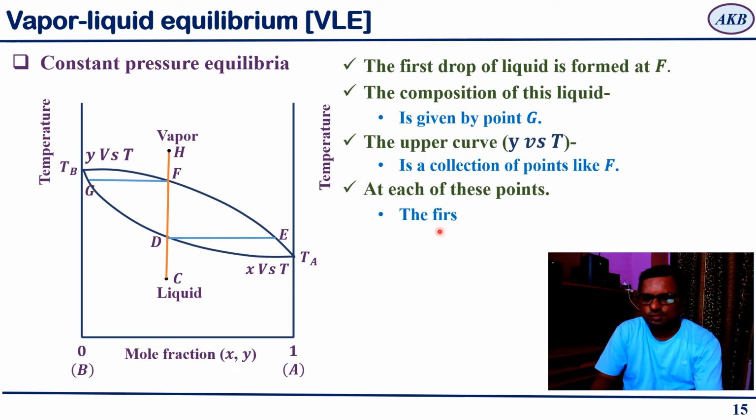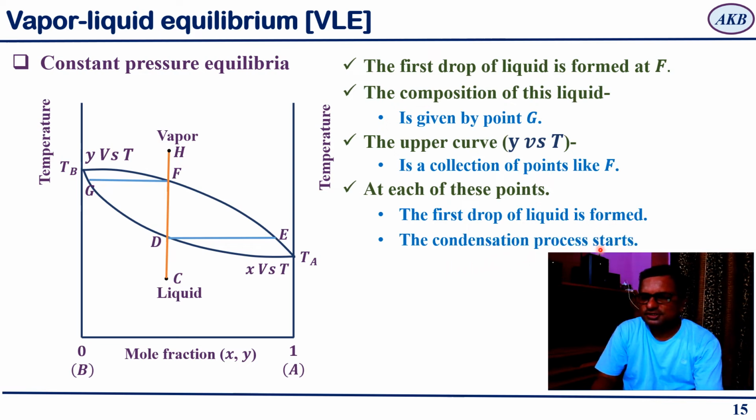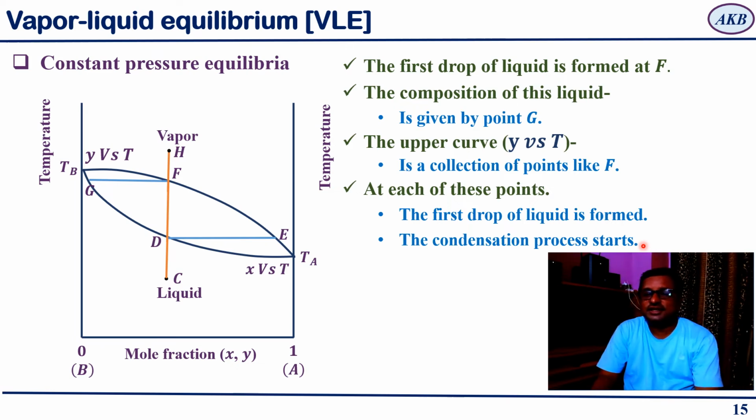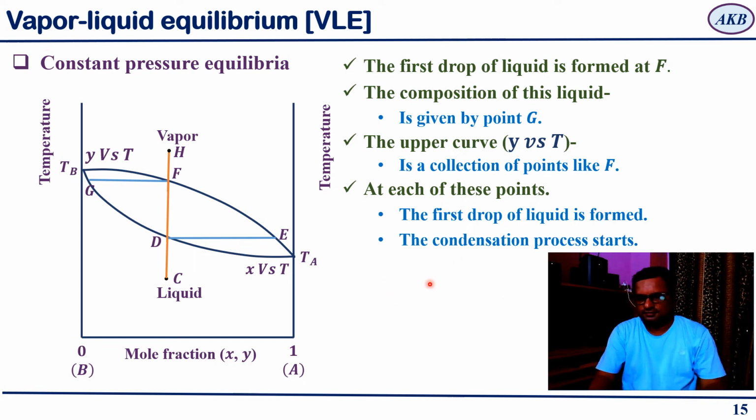At each of these points, the first drop of liquid is formed, or the condensation process starts at each of these points, and therefore the upper curve is called the dew point curve.